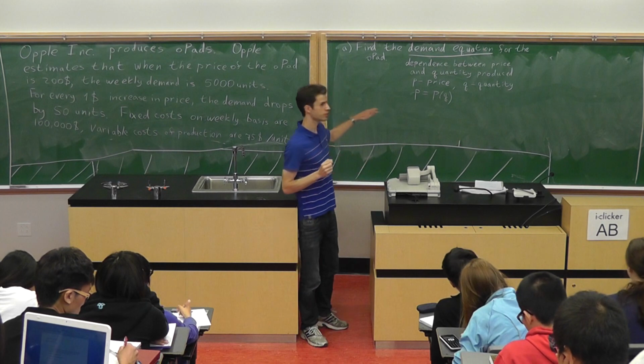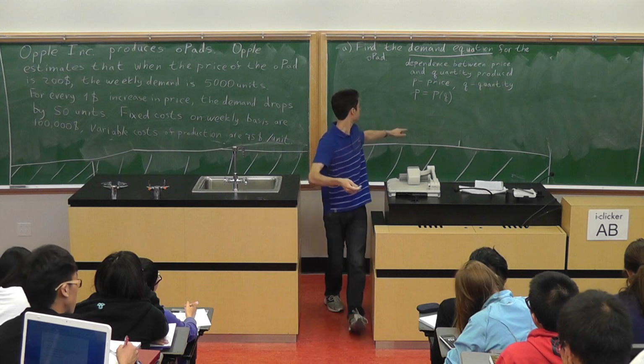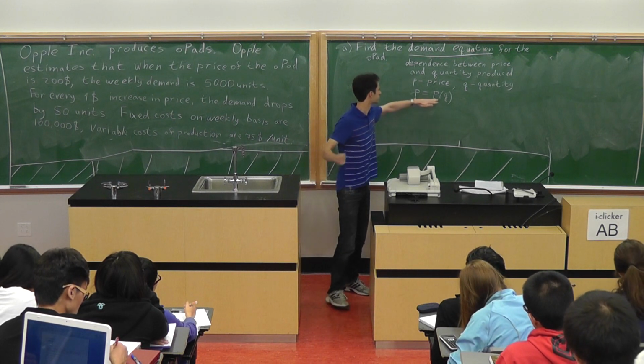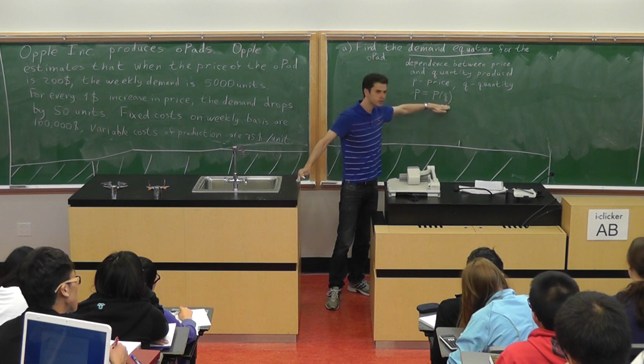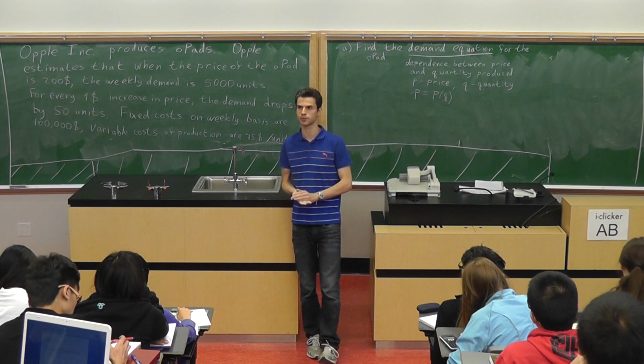So it tells you if you want by the end of the week to sell the units which you produce, you'll have to sell them at price p. So you can take this equation, plug in the quantity, and the output is the price at which you will be able to sell this amount.